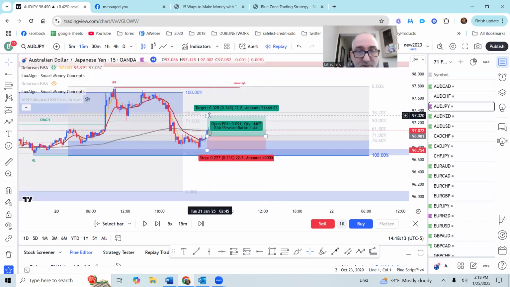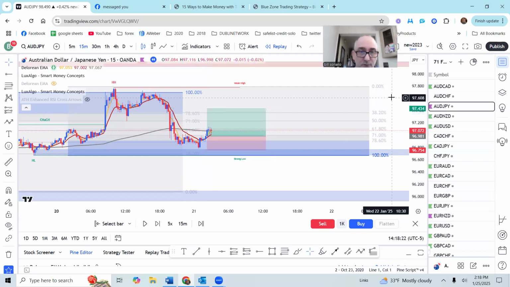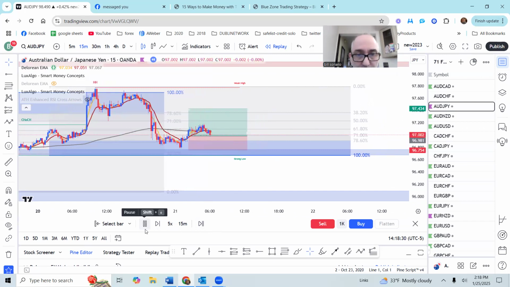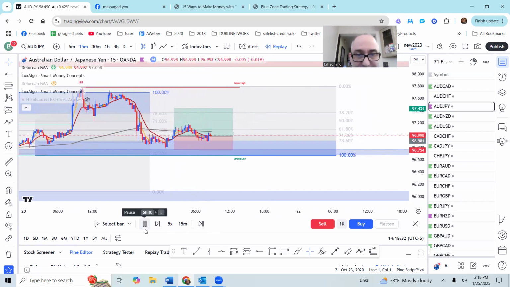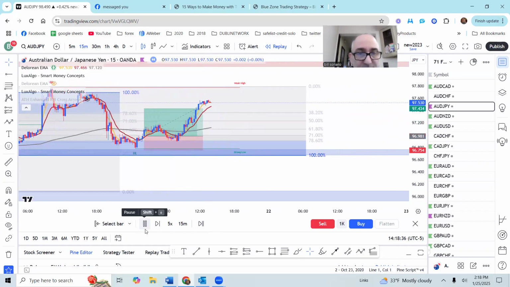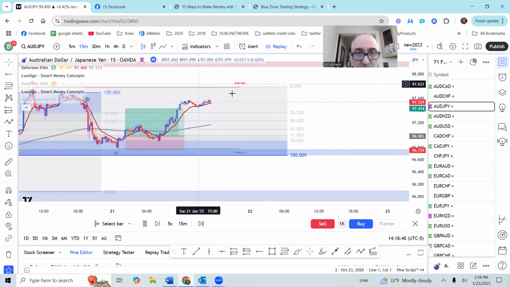So let's say we want to go up, we want to get a 2-to-1, right? That's about a 2-to-1 right there. We risk 1% of our account to get 2%, or 2% to get 4%, whatever. Now let's just see what happens. Price comes back down, and then price shoots up, and you can see there that we would have won that trade.